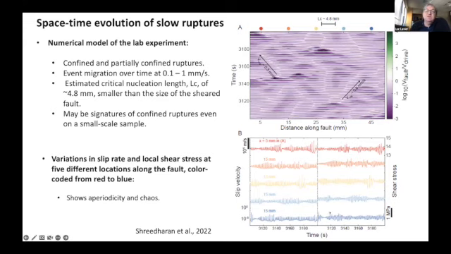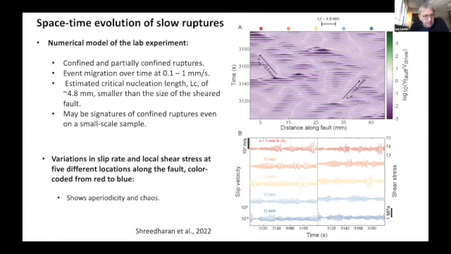What you see in the top panel is confined or partially confined ruptures. You see this rupture propagating, these deep purple zones, in one direction on some length scales inside the fault zone. That's small. The events migrate around at 0.1 to 1 millimeters per second in the numerical experiments.